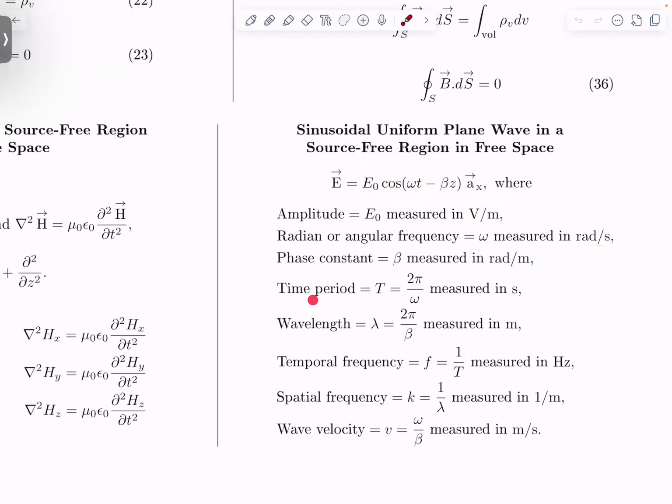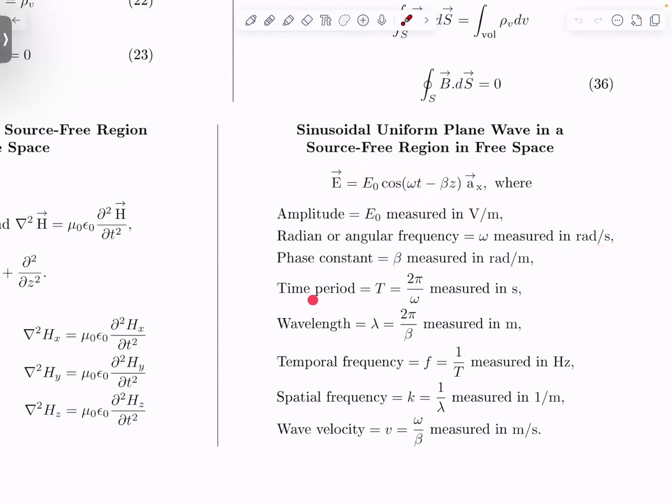But now we are in a different, general medium. So there will be an additional term because of the attenuation factor. And to understand that, let's look at this general solution for the wave equation.